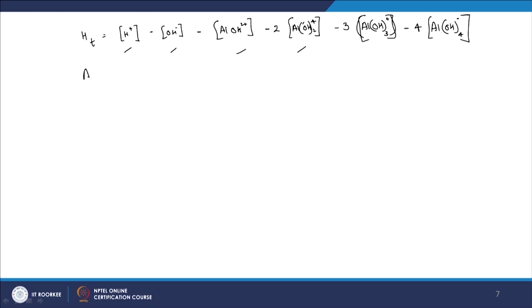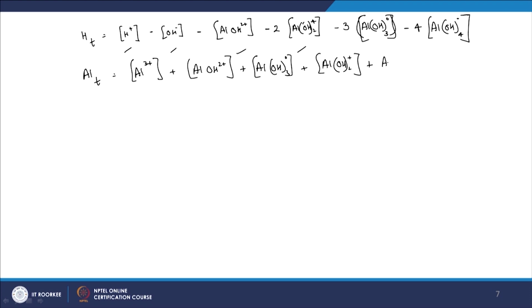Similarly, we had Al total equal to Al3 plus, AlOH2 plus, I am just writing this in so that we can compare them, AlOH thrice 0, so I missed 1 here, AlOH twice with a positive charge and AlOH 4 with a negative charge. So again, how will this component balance help us?